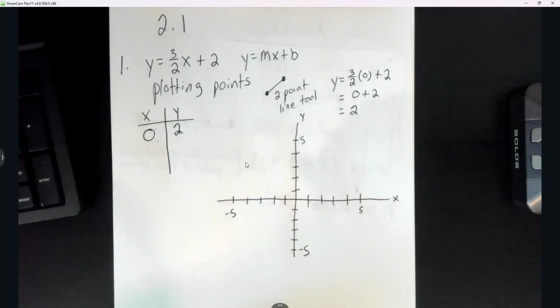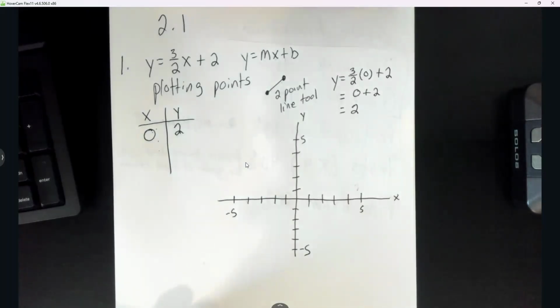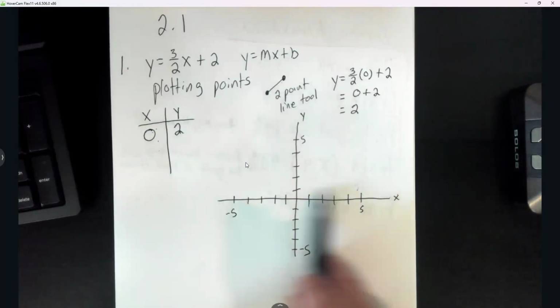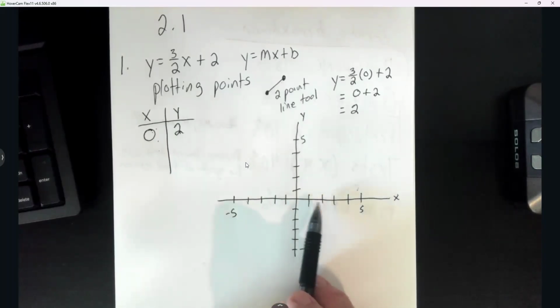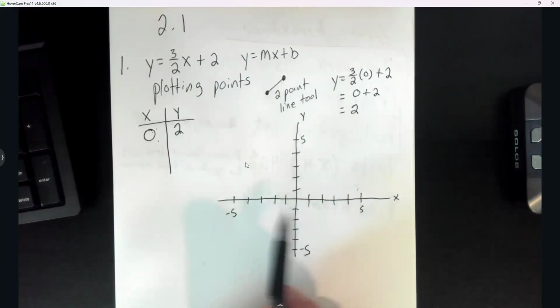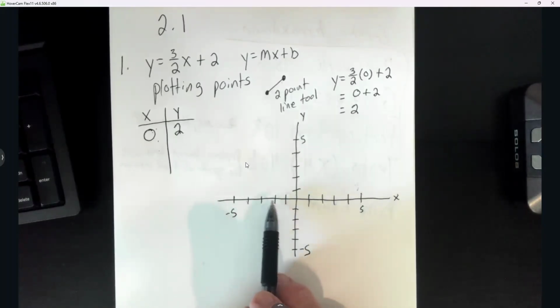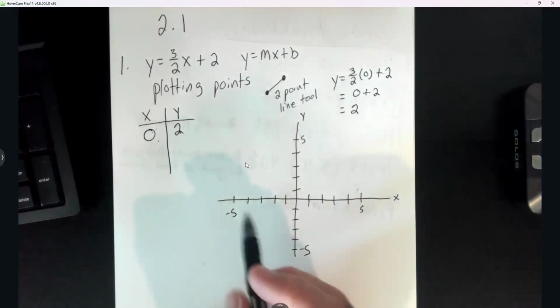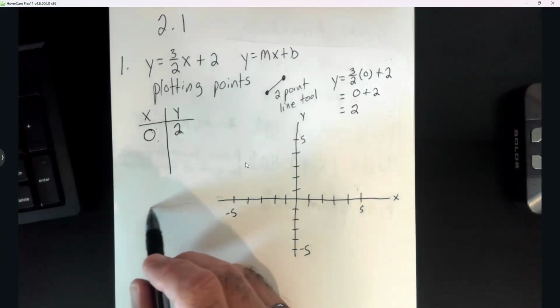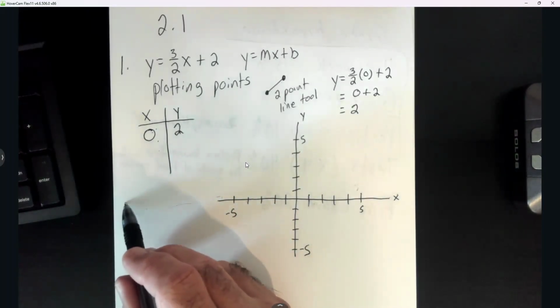I just sort of do this to get y'all back in sync with how to plot points. Remember, x's go left and right, zero's in the middle. You got 1, 2, 3, 4, 5 going to the right. You got -1, -2, -3, -4, -5 going to the left. To the left, they keep getting negative as you head out toward negative infinity.